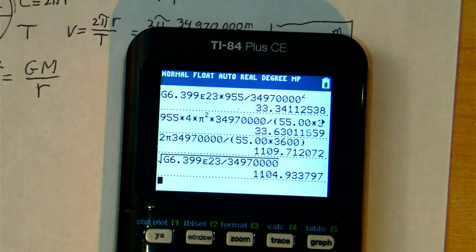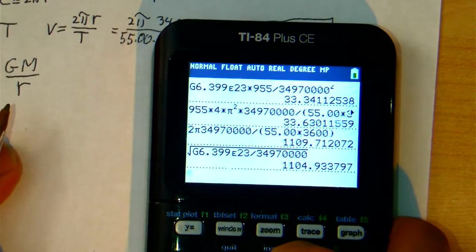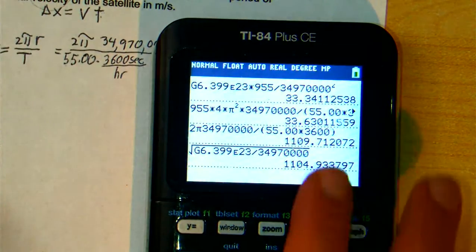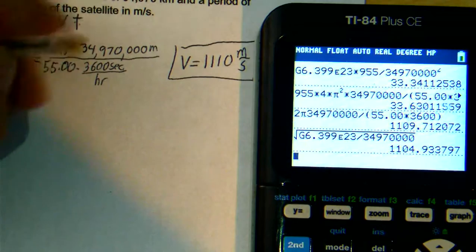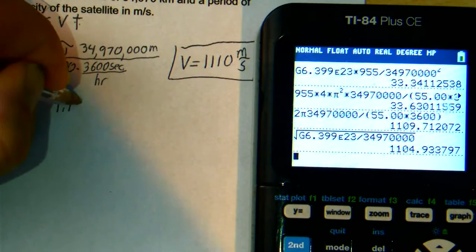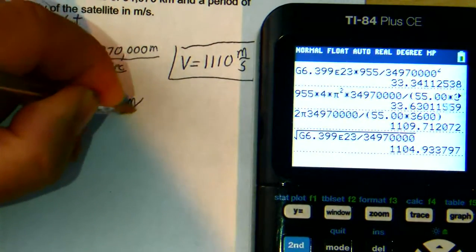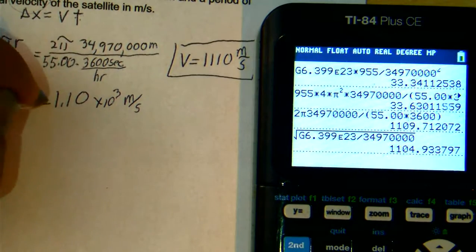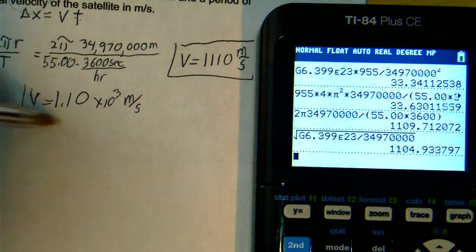And I get a slight difference. The difference is within the third sig fig. So this way it would have rounded down to 1.10 times 10 to the third power meters per second. Okay, so that's the result using that information.